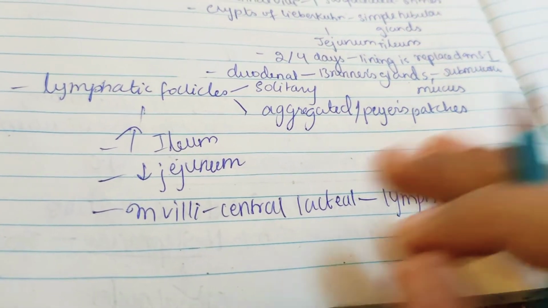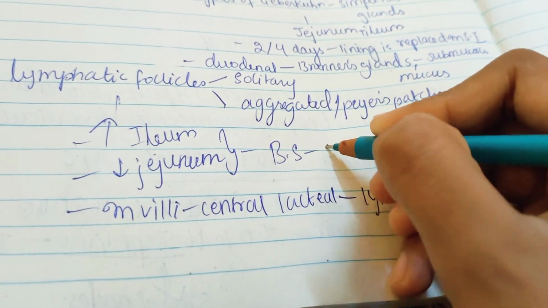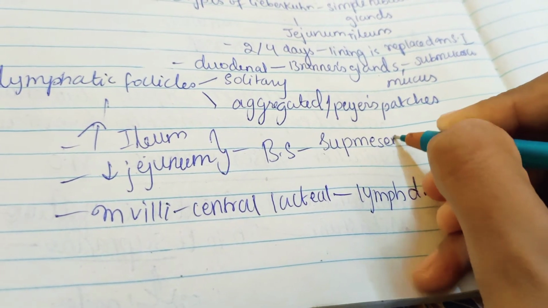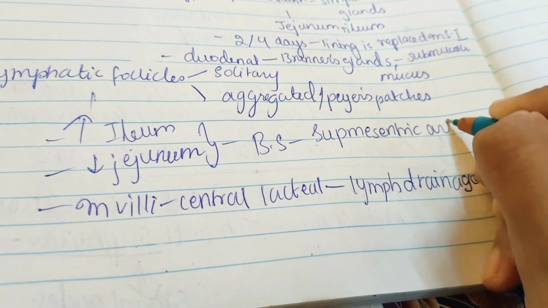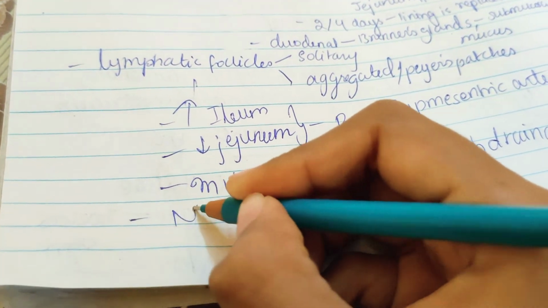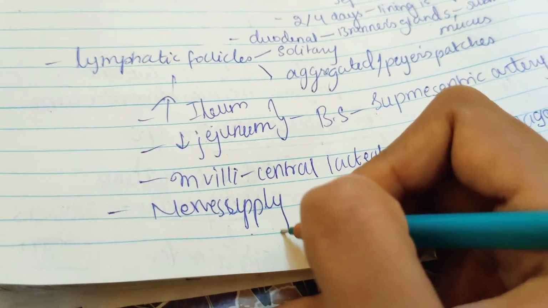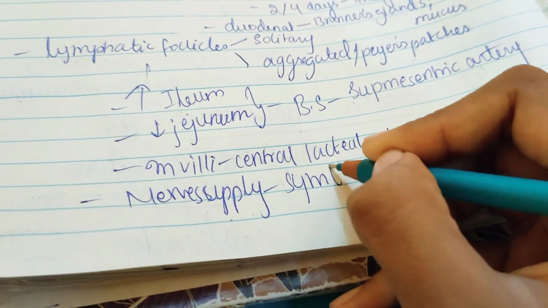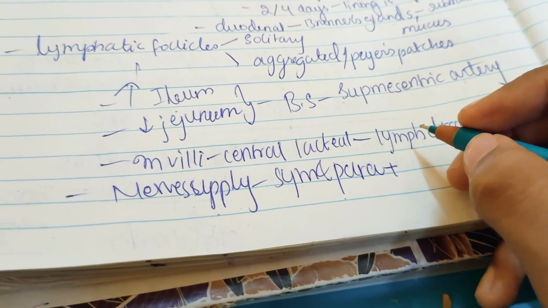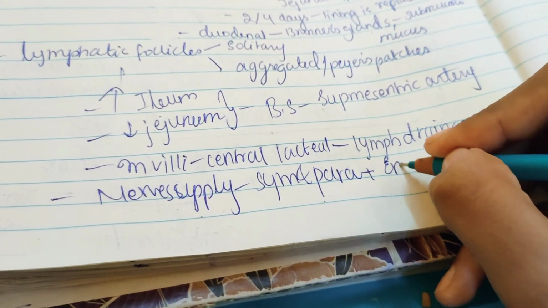Next, coming to the blood supply. For the ileum and jejunum, the blood supply is mainly by the superior mesenteric artery. And coming to the nerve supply for the small intestine, it is by both sympathetic and parasympathetic fibers, and also it has the celiac and superior mesenteric plexus, and of course the enteric nervous system.